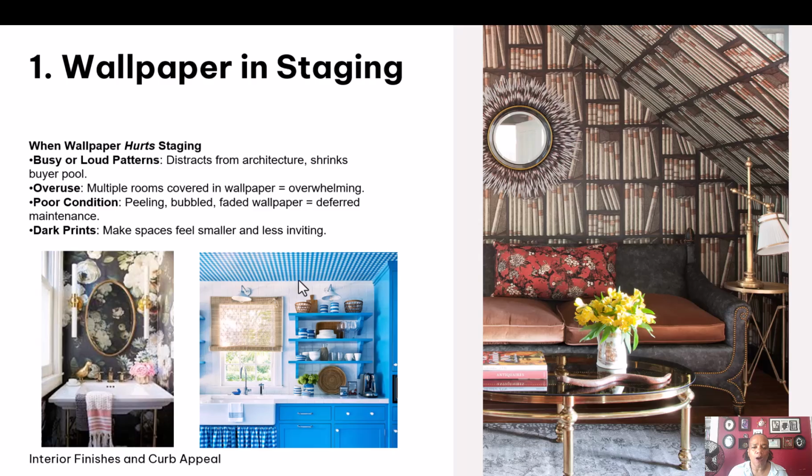When you're seeing wallpapers on ceilings, it can add a really dramatic flair, but not everybody wants a blue checkerboard with the matching skirt. And then, of course, the book wallpaper. So dark prints tend to make rooms look smaller. Of course, peeling wallpaper should be removed.